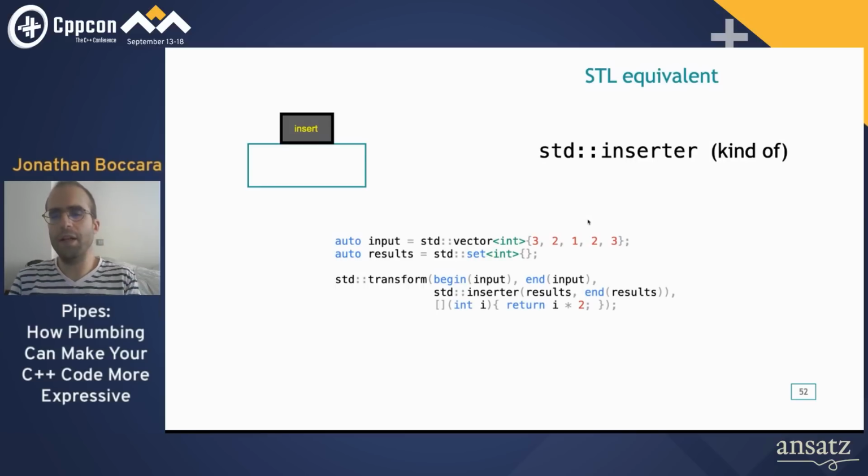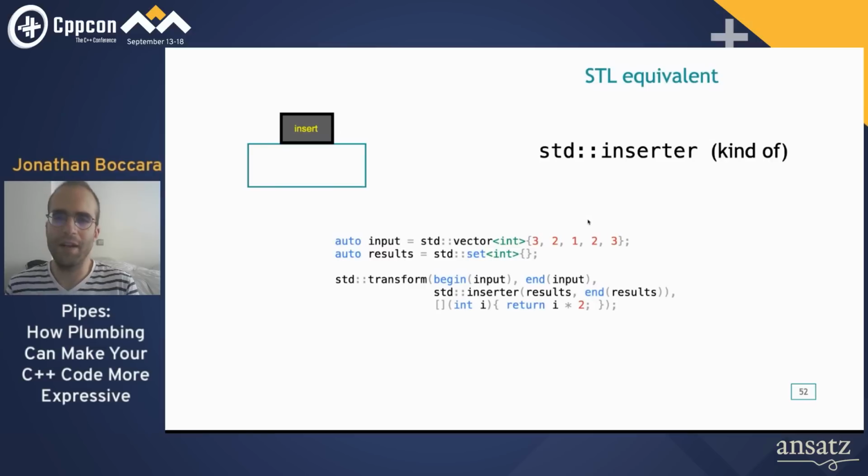So if you'd like to insert in a vector, for example, that makes sense. But if you'd like to insert into a sorted collection, for example a set, then it doesn't make sense to tell the set where you want to insert, because it's the set that will choose it. That's its job to make sure that it inserts at the right position.